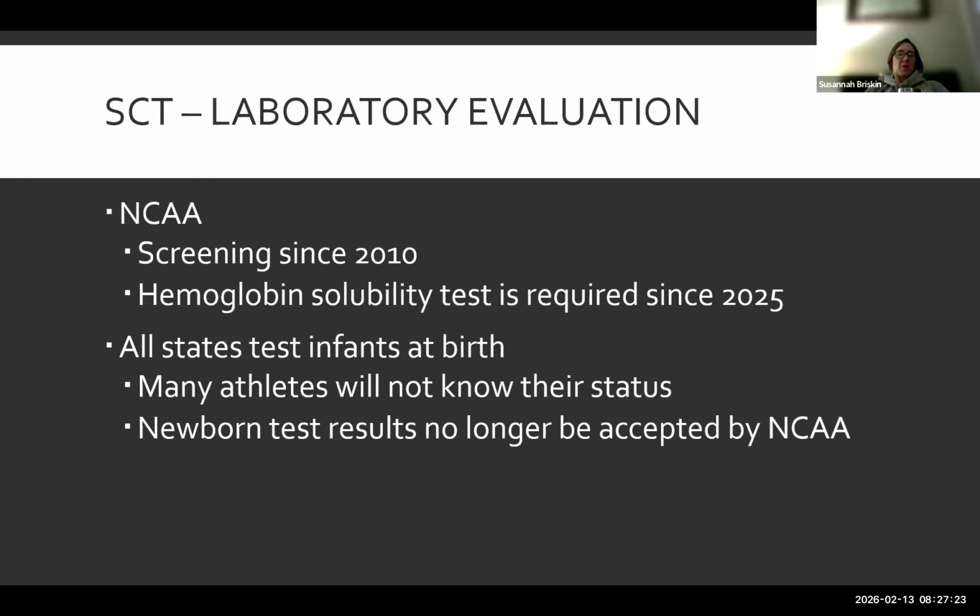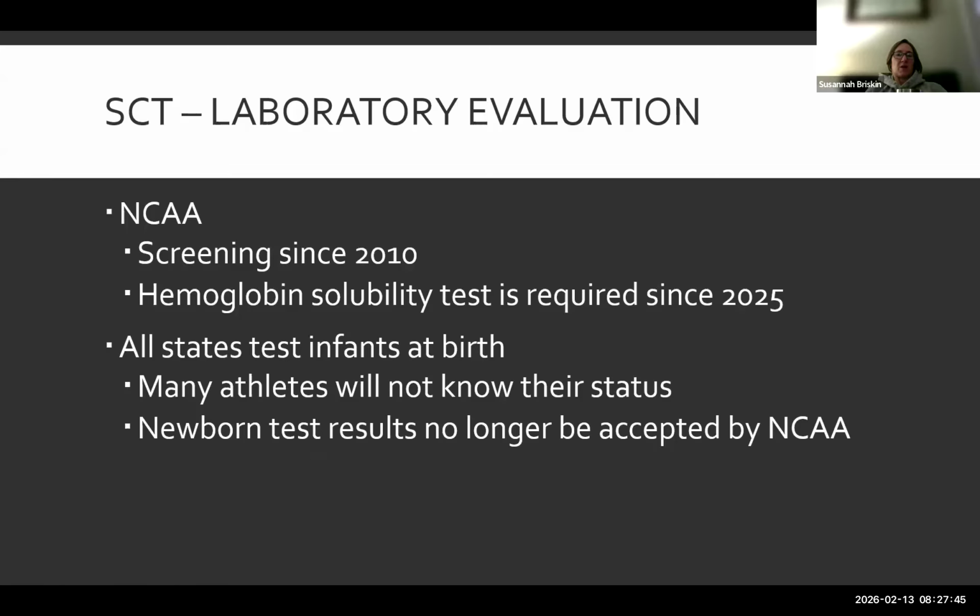The NCAA began screening for this in 2010, and they used to be pretty easygoing about it. As long as you had a copy of your newborn screen, because a lot of states test people, you could submit that copy and you were off the hook. Starting in 2025, they changed the requirements.